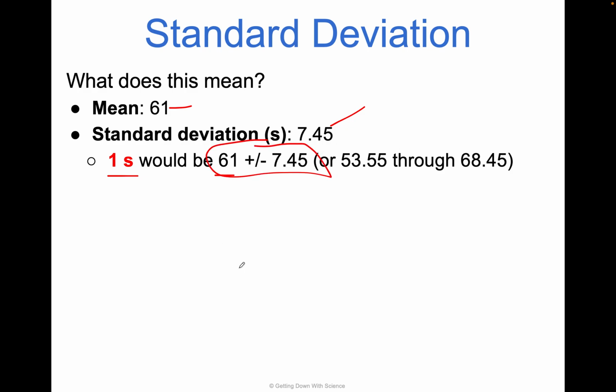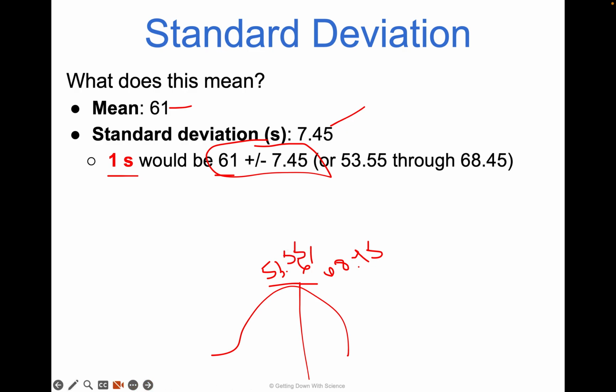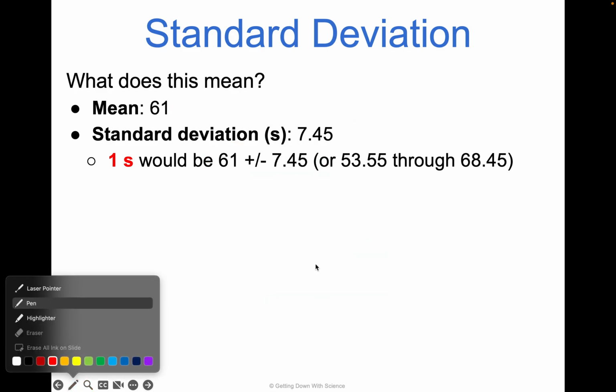Which means, if we're making our graph, right, and we have our 61 here, one standard deviation out is going to be 68.45. And one standard deviation back is going to be 53.55. So it's plus or minus, right? It's give or take. So that's one standard deviation out.